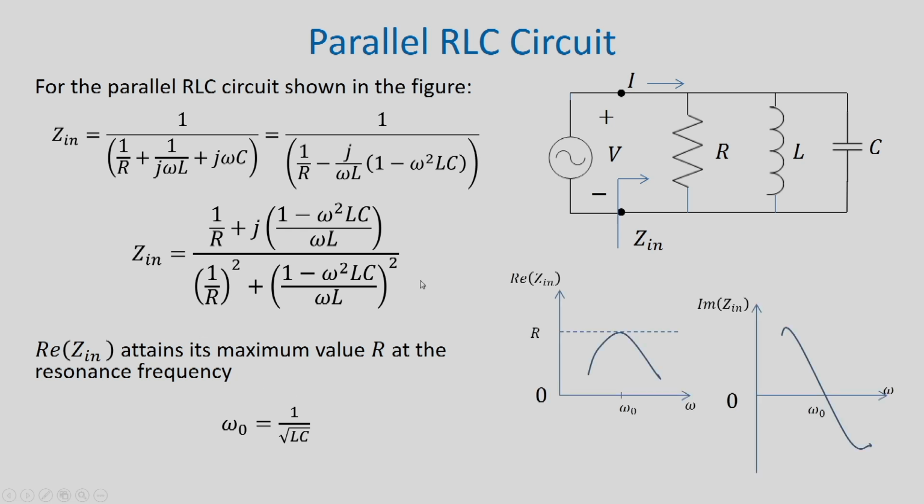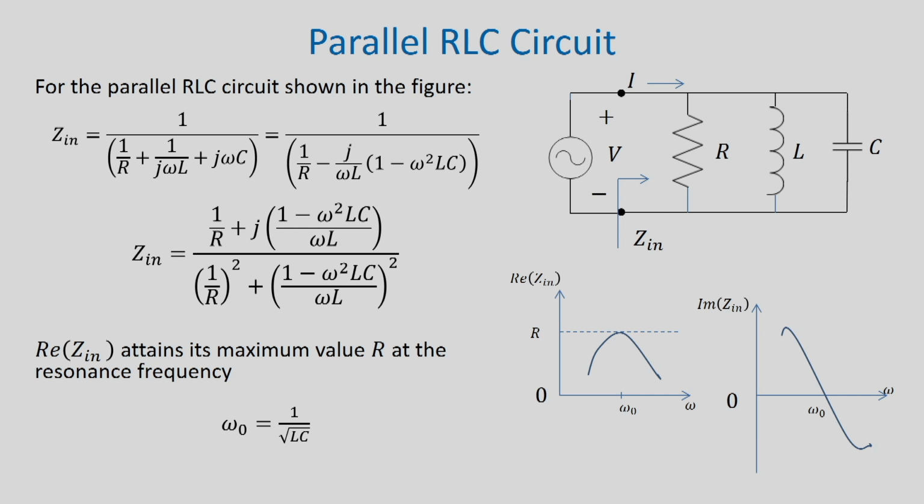Now, these plots show roughly the nature of variation of real part of Zin and imaginary part of Zin with frequency, and we see that for a parallel RLC circuit below the resonant frequency omega naught, it will be inductive in nature, and above omega naught it will be capacitive in nature.